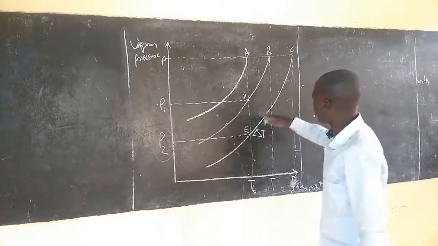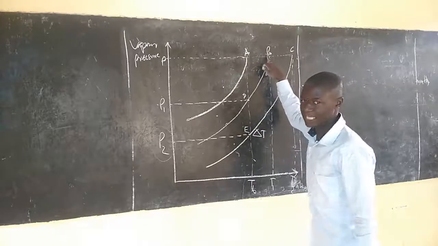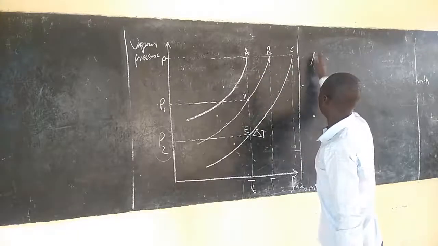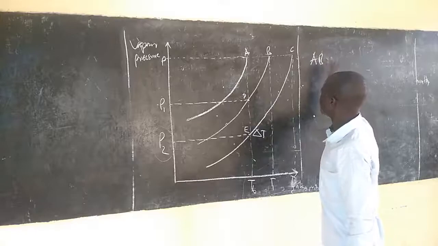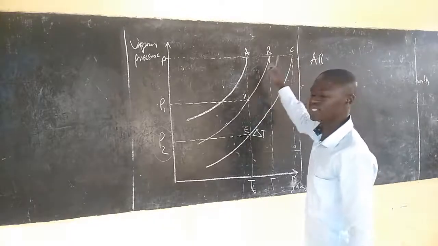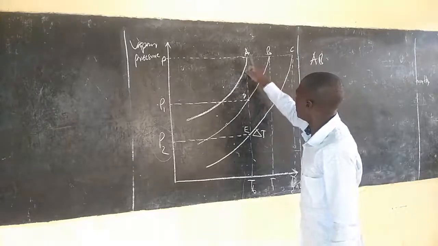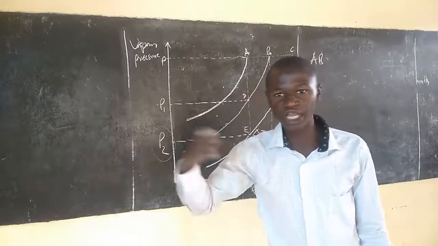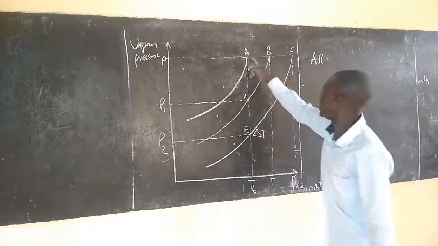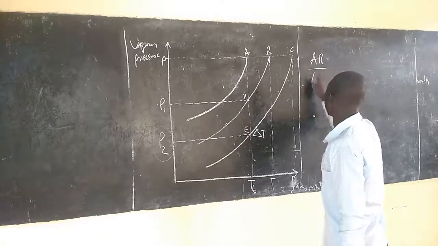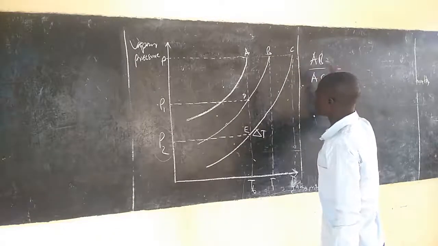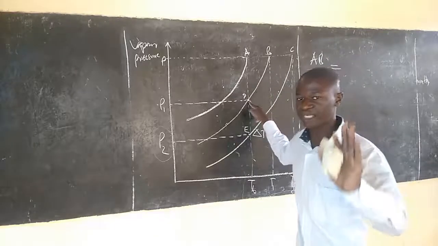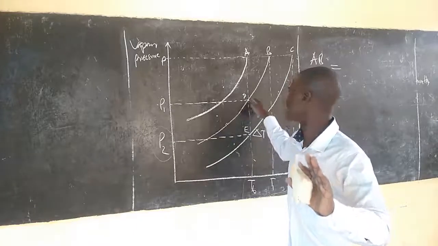Yani manake AB ni change in temperature tulivyoongeza solid. AC ni change in temperature ya pili tulivyoongeza solid. This is equal to AD, which is change in pressure tulivyoongeza solid mara ya kwanza.